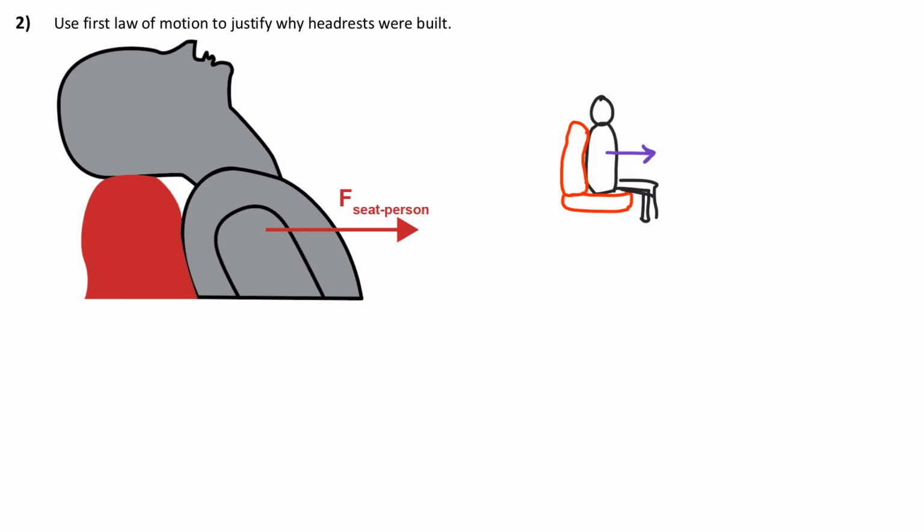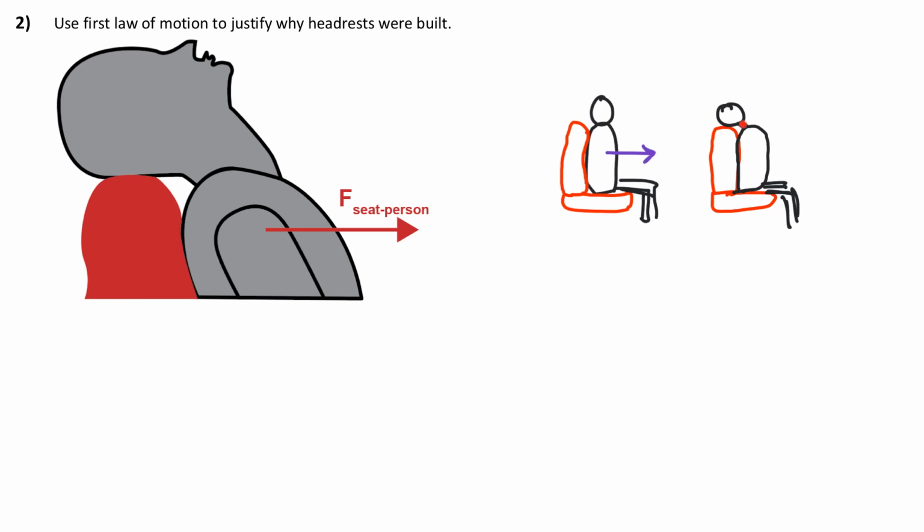So what's going to happen a moment later is that your body is going to move with the car because it's accelerating in that direction. But your head is going to stay where it was a moment ago. And that's going to cause your head to extend like this. And it could cause a whiplash injury.